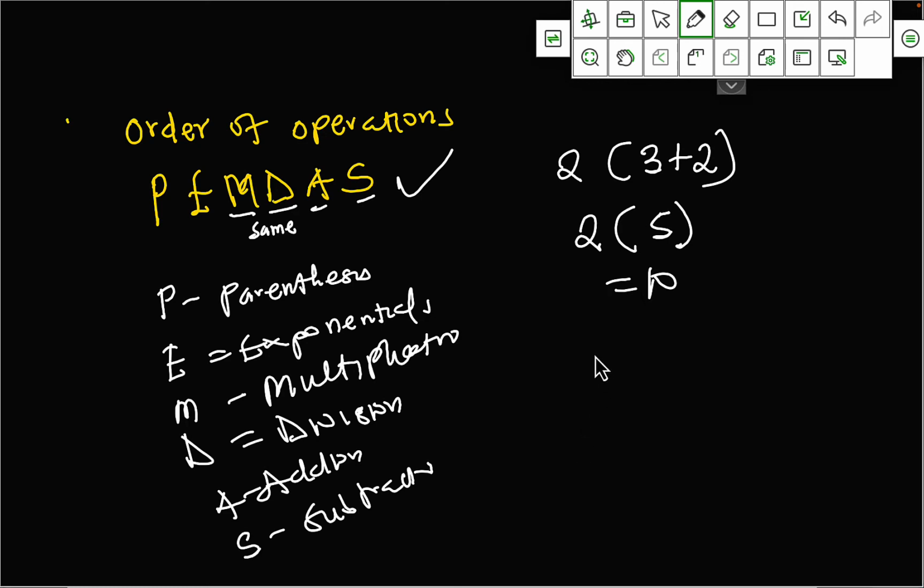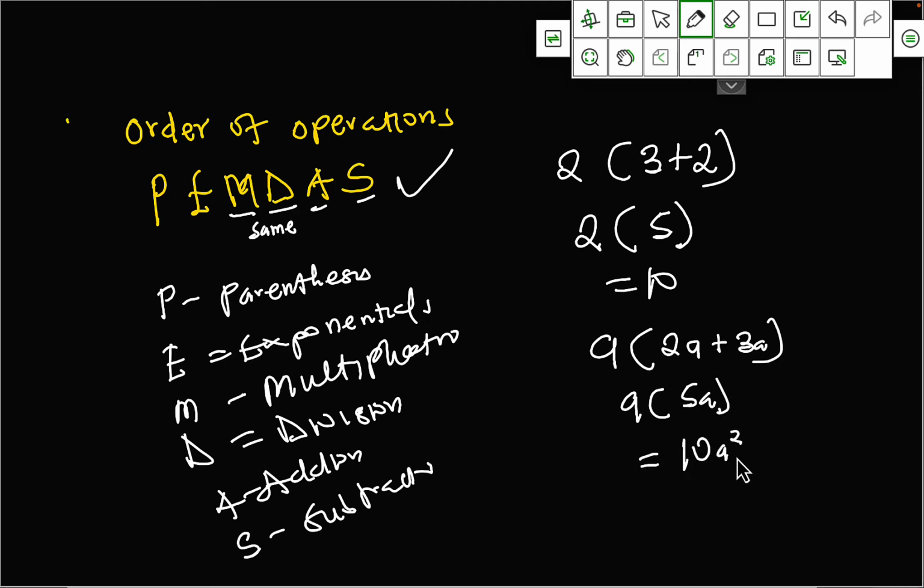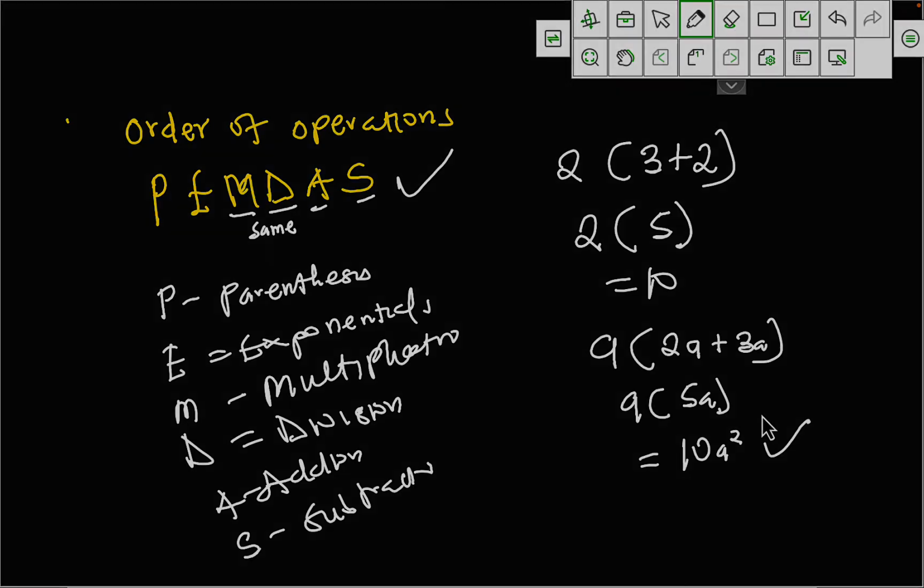In the same way, if I have 2a plus 3a, it's going to be 5a, which when you multiply will wind up as 10a squared. Maybe you don't know this yet, but this is just a form of demonstration to you. So all of these things do not change. Your basic knowledge in arithmetic is still relevant.